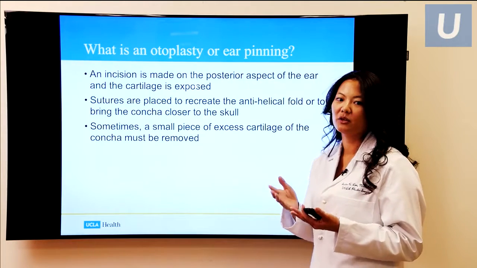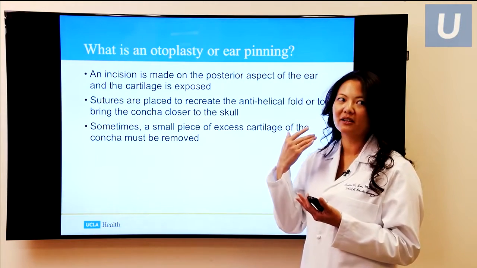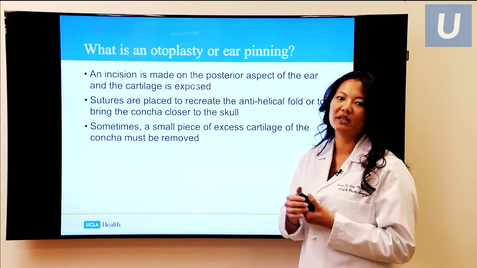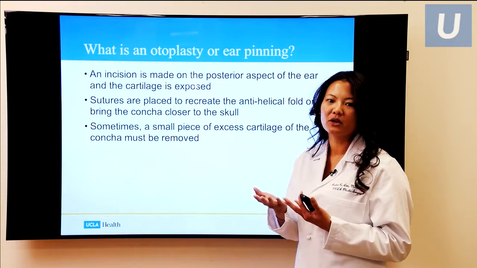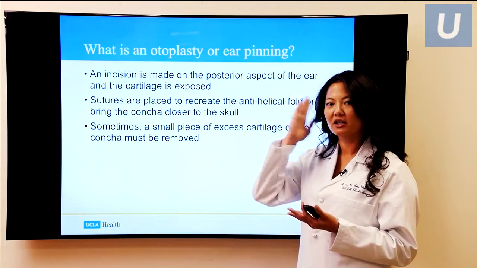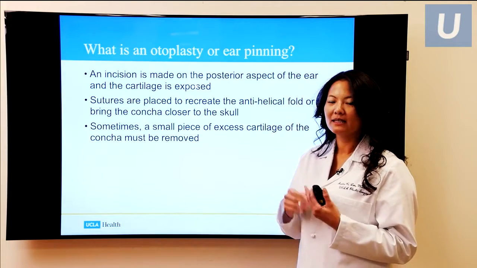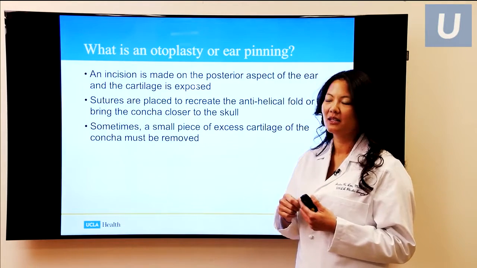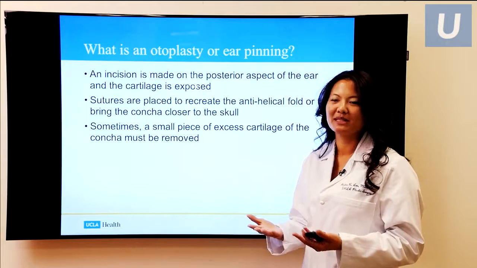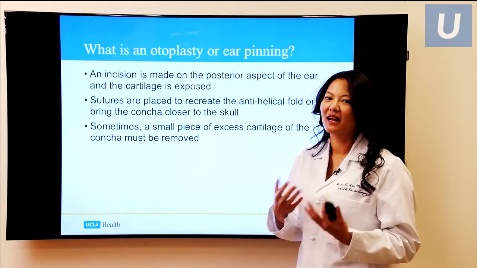So after we dissect out the cartilages on the backside, what we do is we take some sutures to recreate the antihelical fold, or take some sutures to bring the concha a little bit closer to the skull. Sometimes, if the concha is really big, then we have to take out a piece of cartilage. So I say a lot of sometimes here because ears are just not the same.